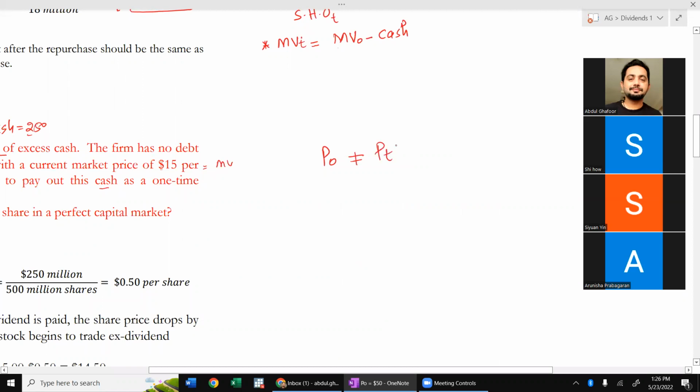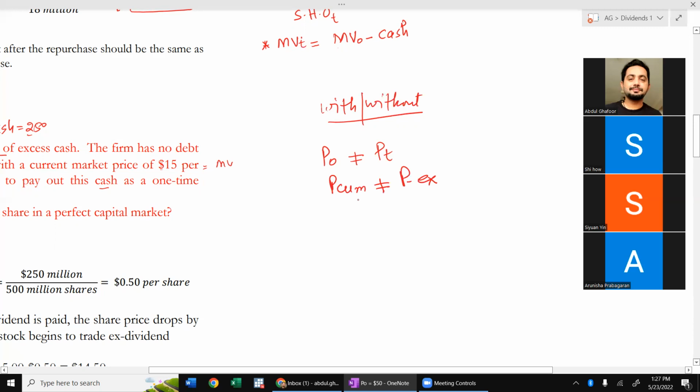This is the thing that you should remember when it is a cash dividend. You will say, sir, with or without taxes? With or without taxes, this should be the case. Or in other words, price cum-dividend, meaning before the dividend payment, is not equal to price ex-dividend.